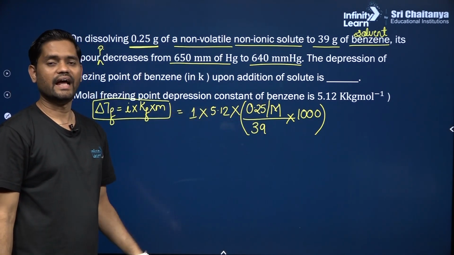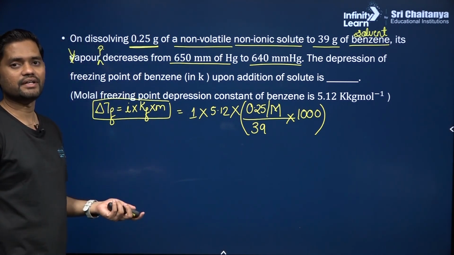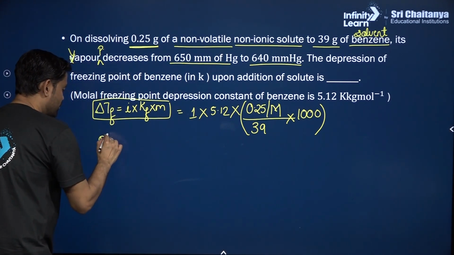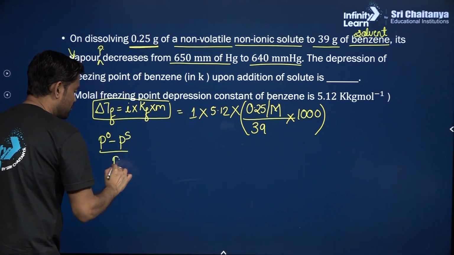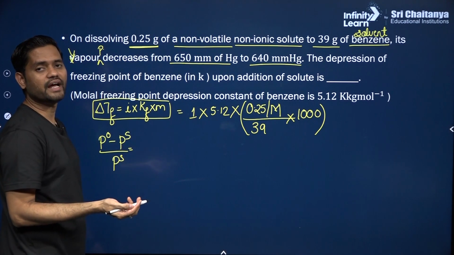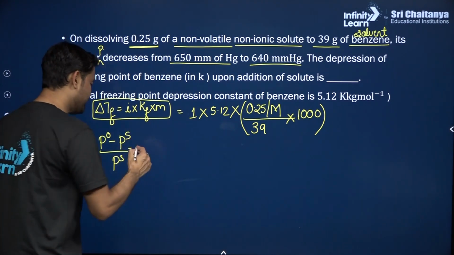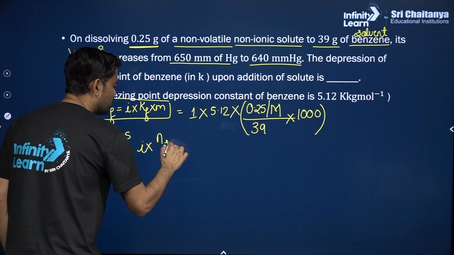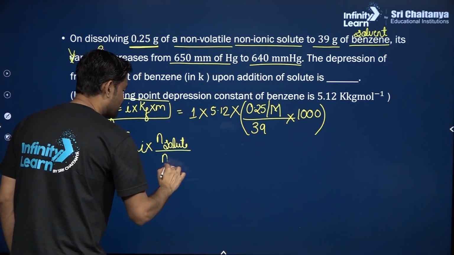Now what we need to know is the molecular weight, and that can be calculated through RLVP. So that is (P naught minus Ps) by Ps is equal to i times mole fraction, but since the number of moles of solute is very less, we can directly take i times number of moles of solute by number of moles of solvent.